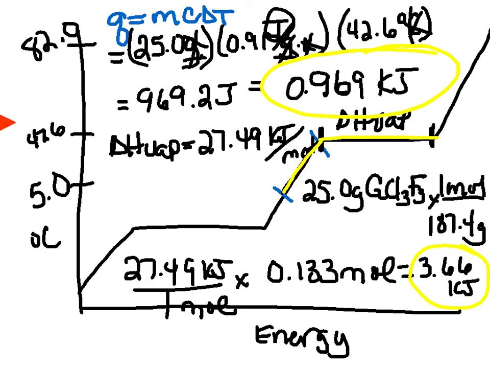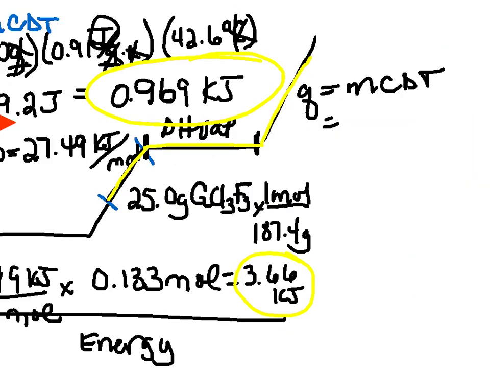Now we need to calculate the third section of this particular graph, which is going to take us in the gas phase from the boiling point, 47.6, to the peak temperature that's given, which is 82 degrees. So now again, since there is a temperature change involved, then we will use the formula Q equals MC delta T. So our mass is still 25 grams.